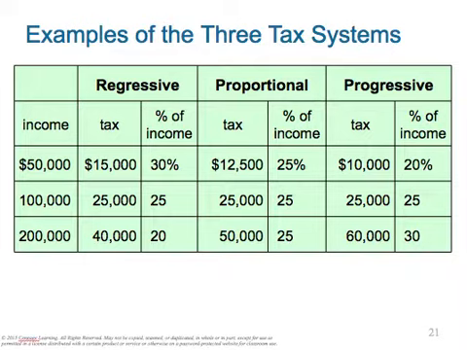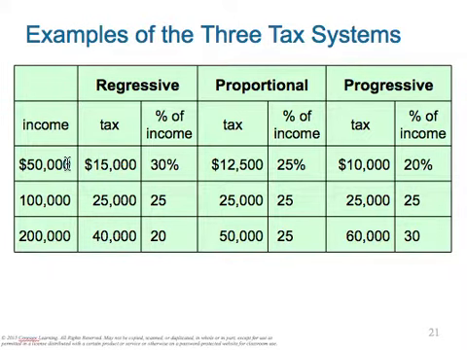So let's look at the three examples here: regressive, proportional, and progressive. We have three income levels here: $50,000, $100,000, and $200,000. A regressive tax, you will see here, the key thing you're interested in is what percent of the income is paid by the different earners.